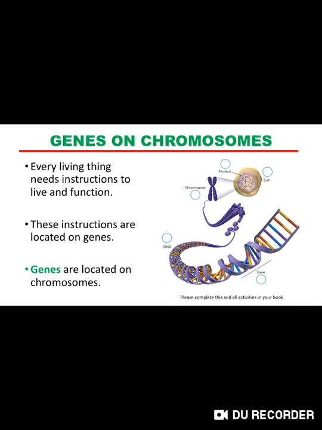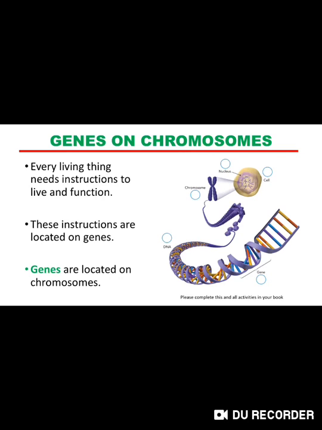Genes and chromosomes. Every living thing needs instructions to live and function. These instructions are located on genes. Genes are located on chromosomes. So if you see the picture on our right, you have the cell.